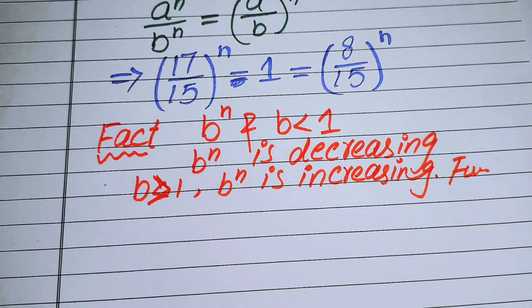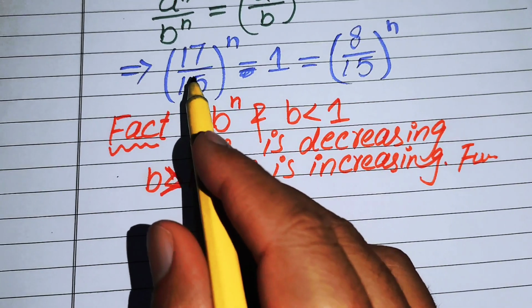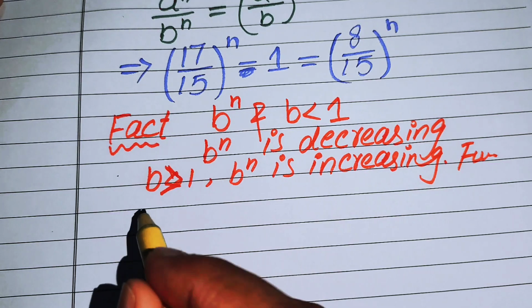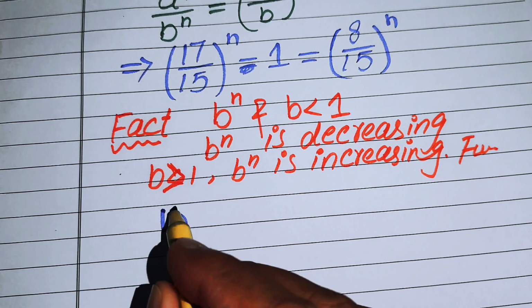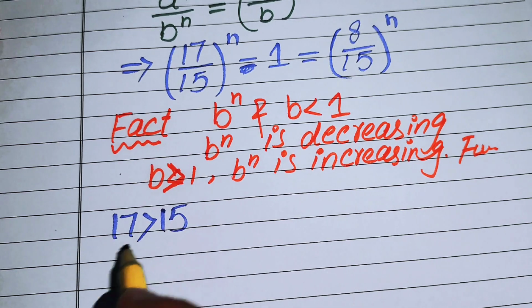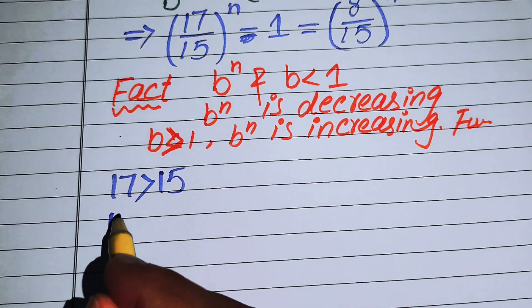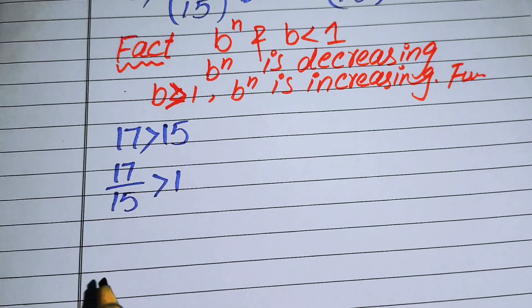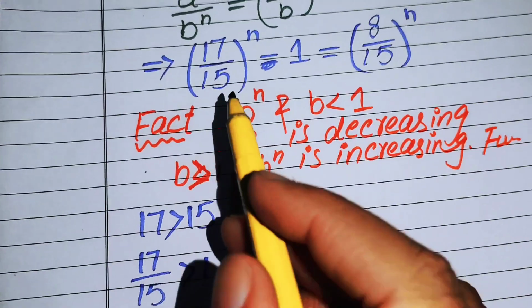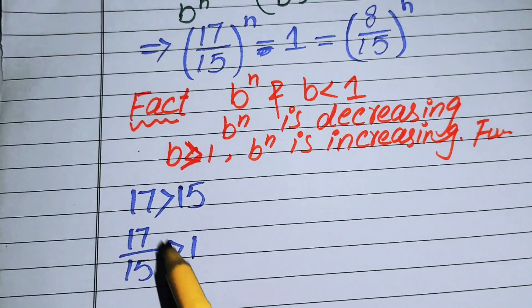Okay, so now first we can check the behavior of the left hand side, and after that we will move toward the right hand side. In the left hand side we have 17 over 15, and we know that 17 is greater than 15, so 17 over 15 is greater than 1. So in the left hand side we have 17 over 15 and its whole power n, and we see that the base is greater than 1.